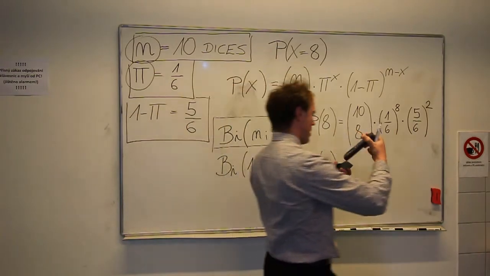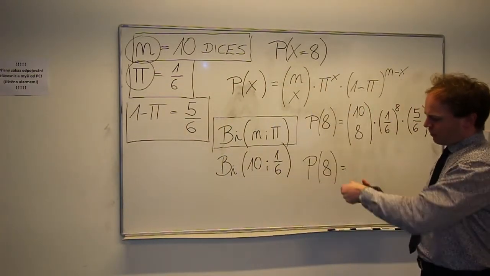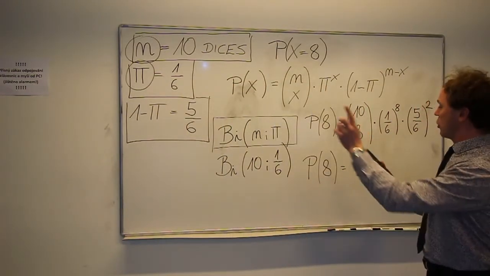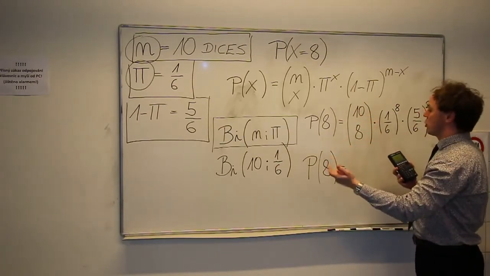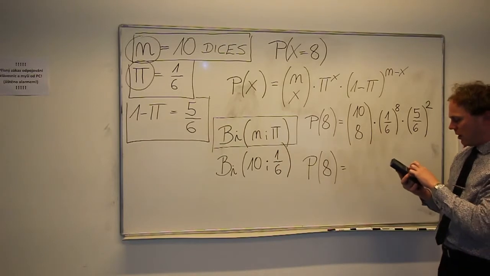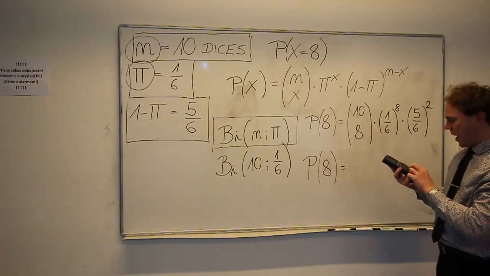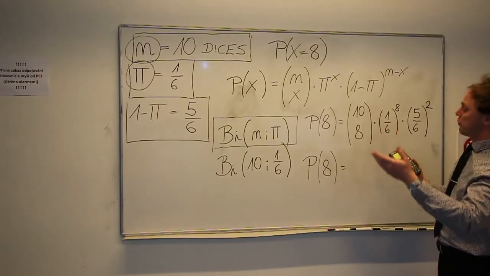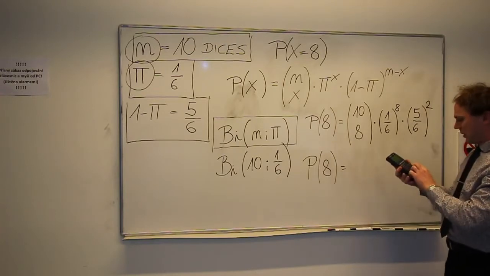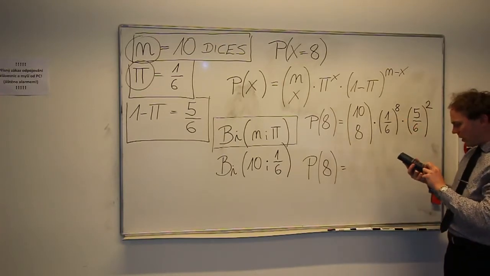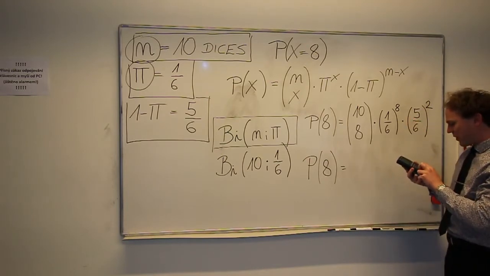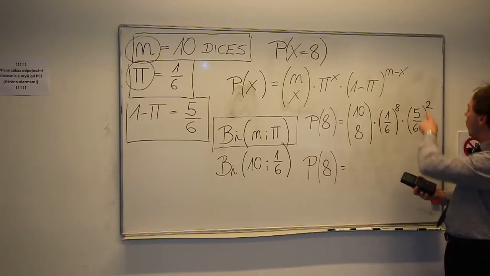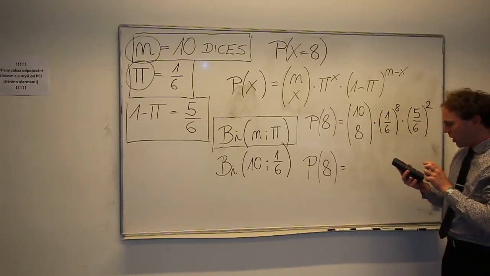Yes, I have here my calculator and the combination number 10C, like combination 8. Yes, 10 combination 8 is equal to 45, yes, 45 times 1 divided by 6 powered by 8 times 5 divided by 6 powered by 2.